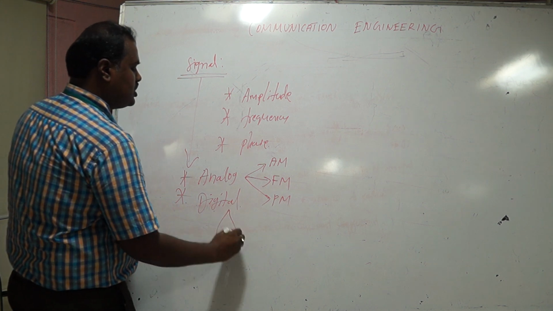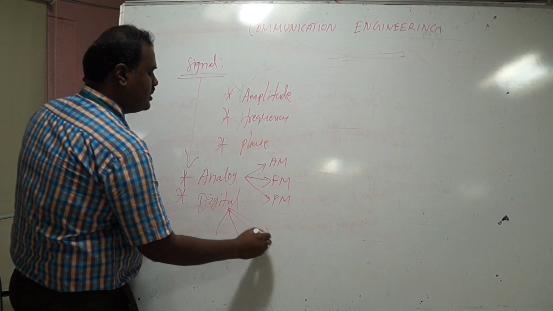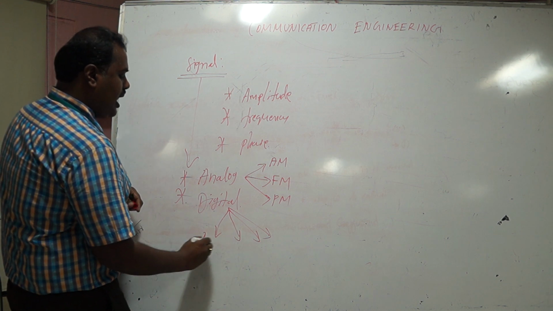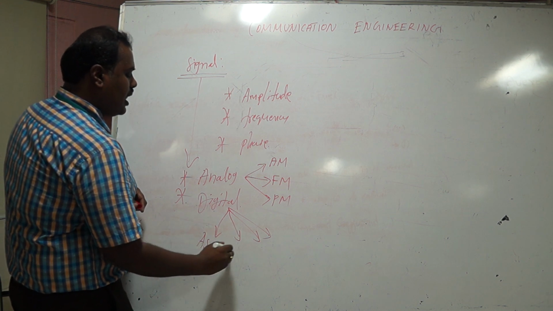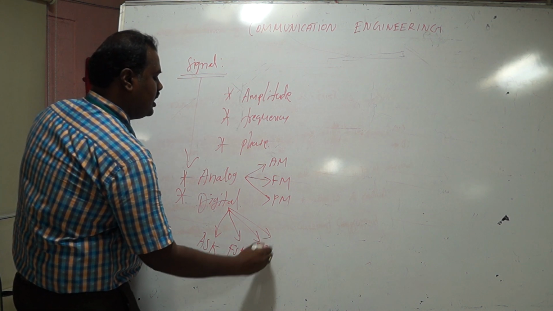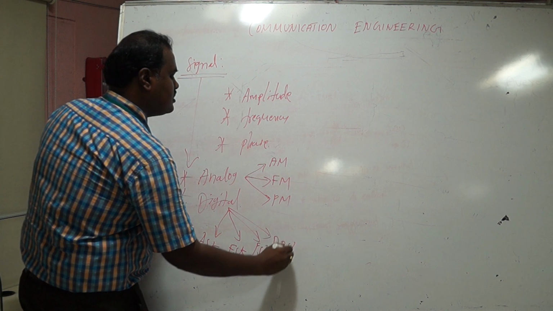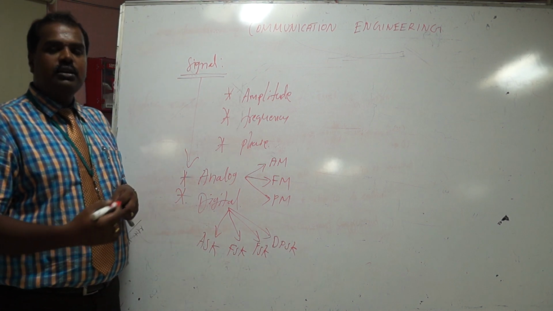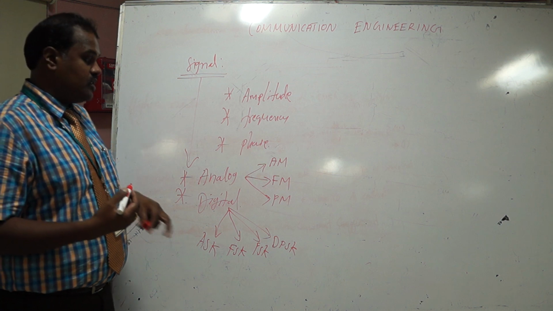If you take digital, it has many types. First amplitude shift keying, frequency shift keying, phase shift keying, differential phase shift keying. These are all the basic types. We will see more detailed types in the next lecture.